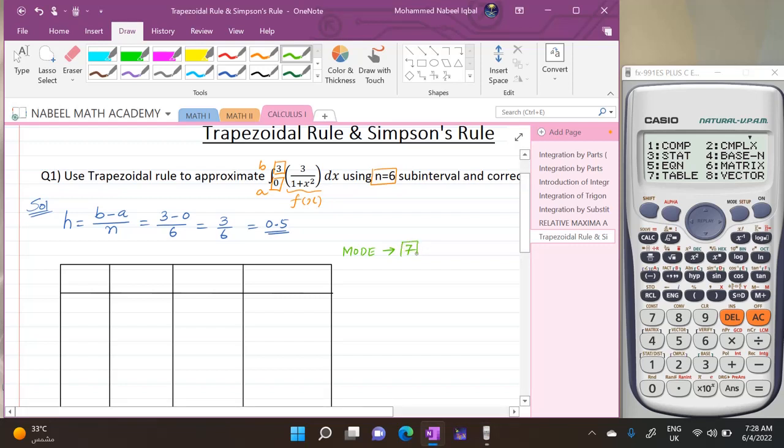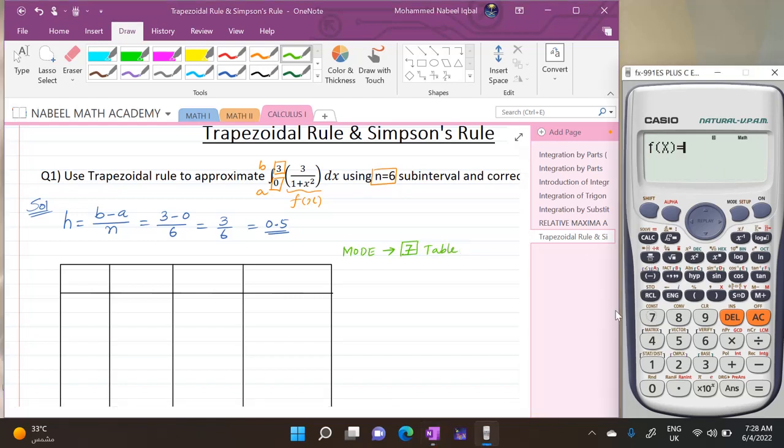If you click 7, it asks for the function f of x. What is f of x? It is the function given in the integral, which is 3 over 1 plus x square. In this problem, we have f of x equal to 3 over 1 plus x square.